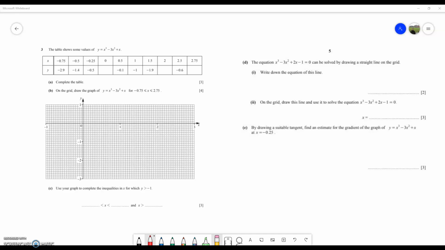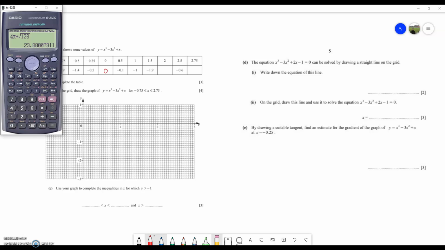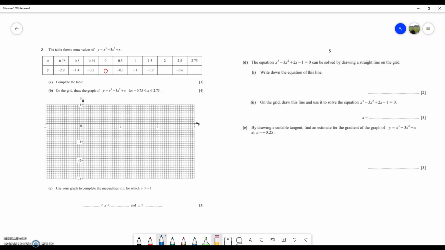So if we substitute that in, because all three terms have an x in them, we can say that our answer is going to be 0 as well. Then when it gets to x is equal to 2, we need to substitute that in.